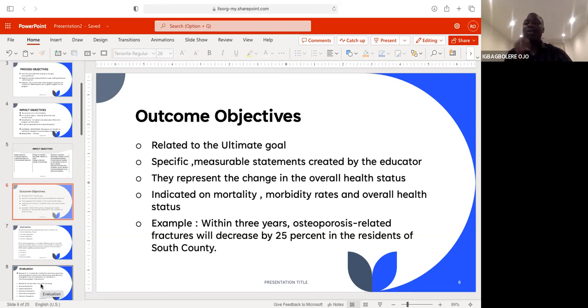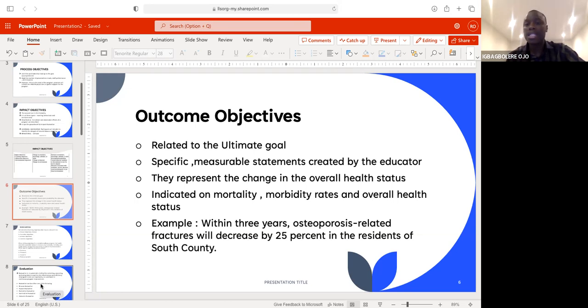Now, everywhere you see an outcome objective, and please listen carefully, this is one of the tricks for the exam that will not fail you, okay? Everywhere you are asked to identify an outcome objective, the question must indicate mortality rate, morbidity rate, and must talk about the overall health status.